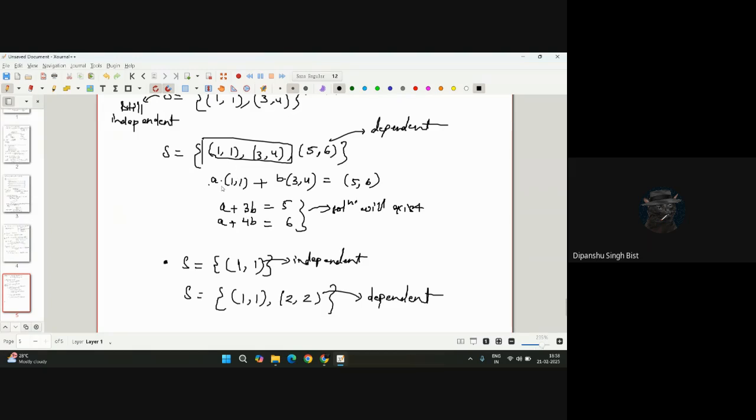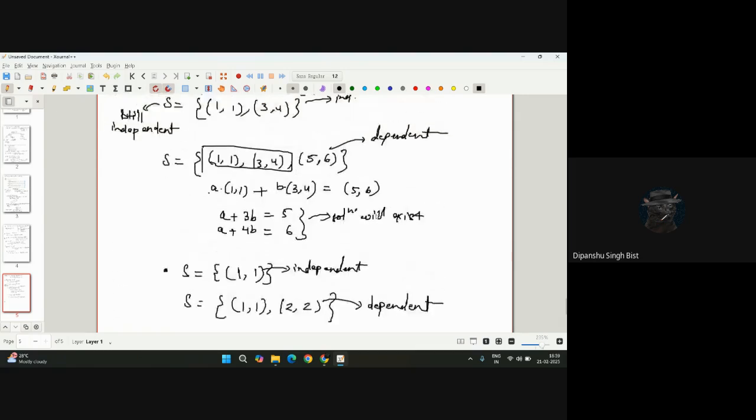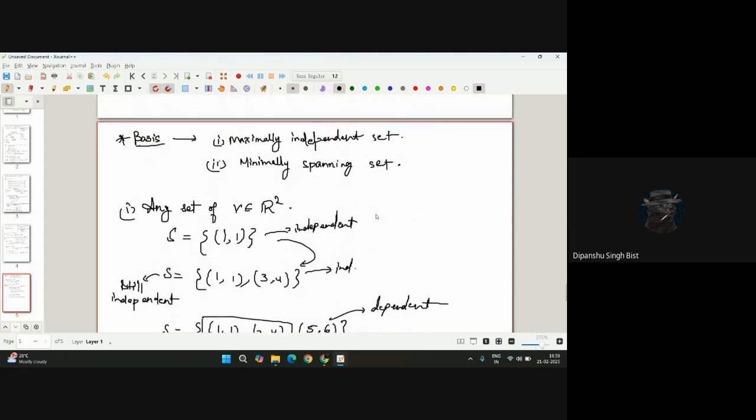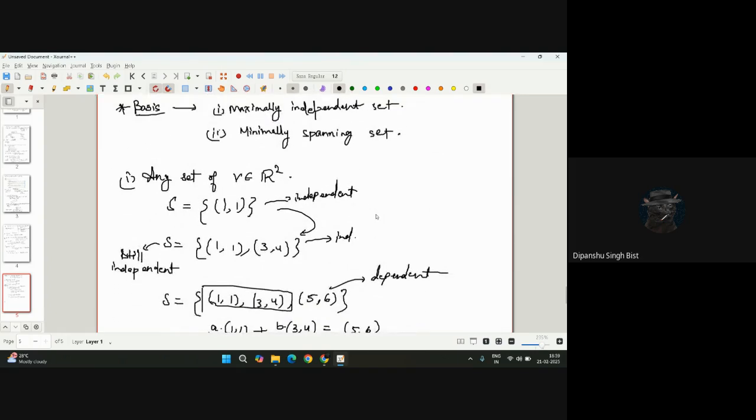That means if you try to solve this system of linear equations, you will get some solution, it will not result in no solution. If a solution exists, then it is dependent. I'll tell you one way to check whether a set is dependent or not, but let's first complete the second point and then we'll go there.